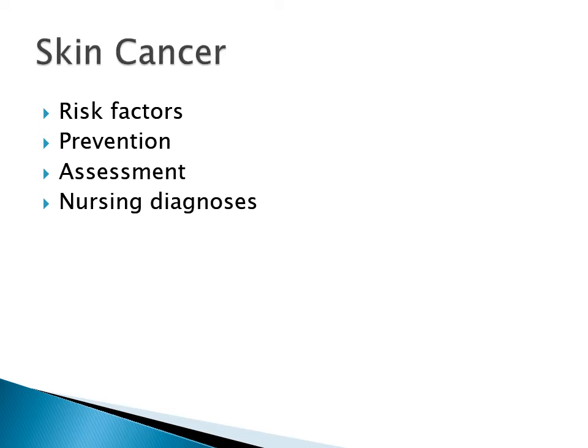The A is asymmetry, B is border irregularities, C is color variations, D is diameter of greater than 6 millimeters, and E is actually not in your textbook, but it also applies. It's evolving changes. So if it becomes itchy, redness, anything, a change in color, those are all red flags that it's a potential for a melanoma, which is a cancerous skin lesion.